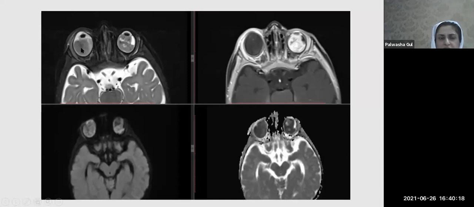There was a T2 hypointense mass filling the right vitreous chamber, and a T2 hypointense mass filling the left-sided vitreous chamber. The left-sided one showed avid, slightly heterogeneous contrast enhancement, but the right-sided one did not show any enhancement. On DWI, there were high signals bilaterally, which were hypointense on ADC, so this was giving diffusion restriction.